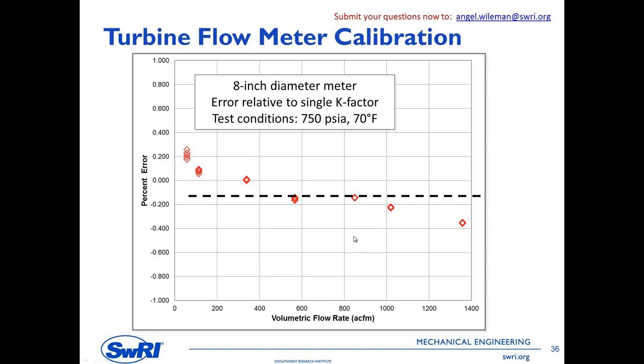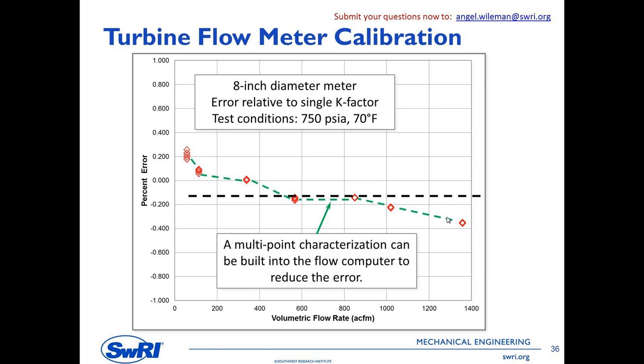You can see that I'm going to have points that are high and points that are low relative to that average error curve. In this case, I can do a point-by-point characterization, and that's going to eliminate some of those errors. And typically, that can be built into the flow computer that you're interfacing this turbine meter to. Most flow computers have that capability to build a table of K-factor versus flow rate or error versus flow rate to help solve that issue.